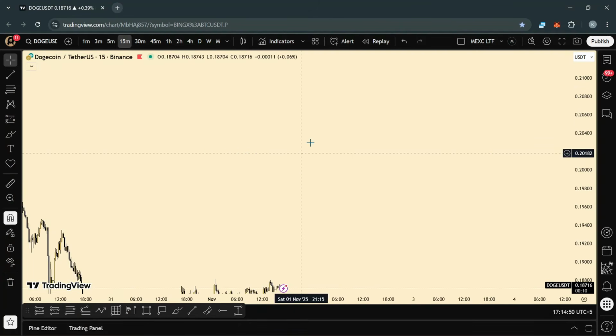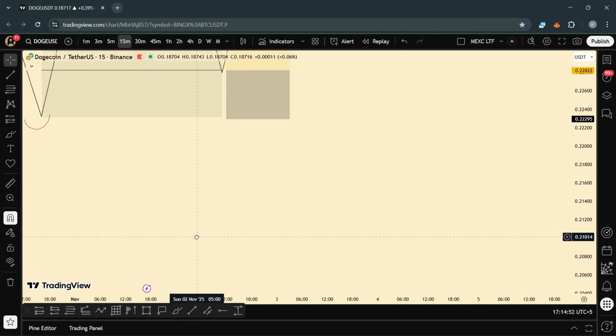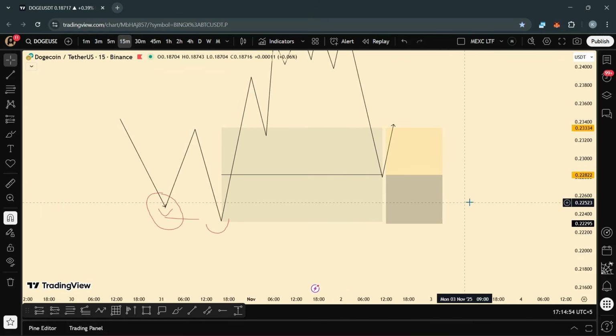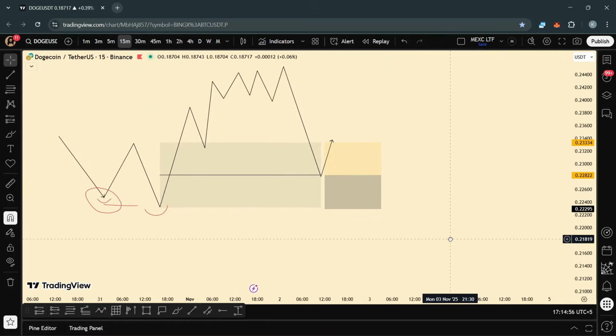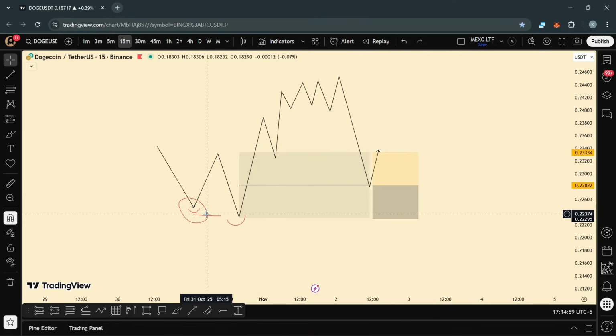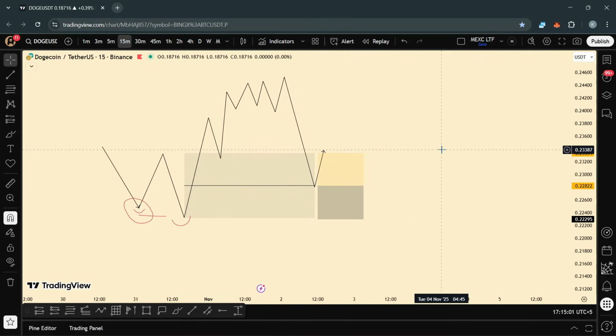And there is one more thing that I want to teach you guys. The best type of zones that I've seen are obviously the ones that take liquidity. But you know what other zones take liquidity? There is one specific type.